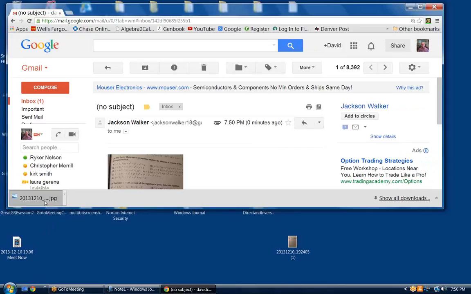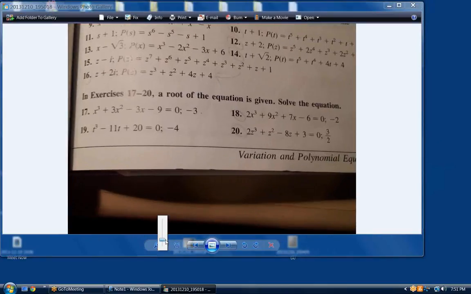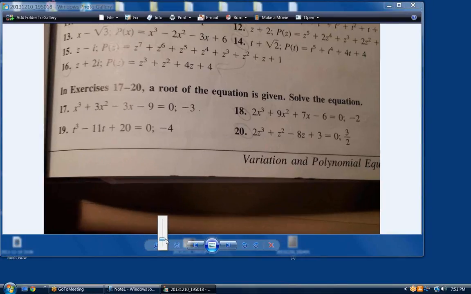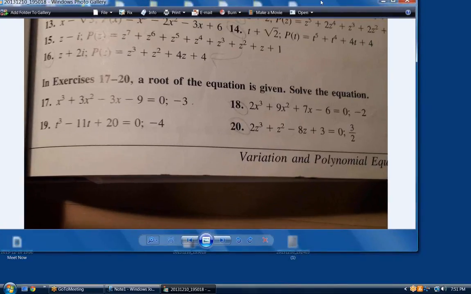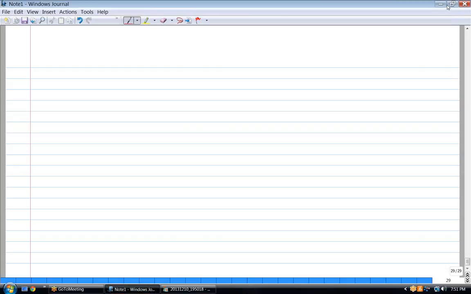And then for that sheet, we're doing just the bottom four, 17 through 20. And then just send the second one whenever we're ready.